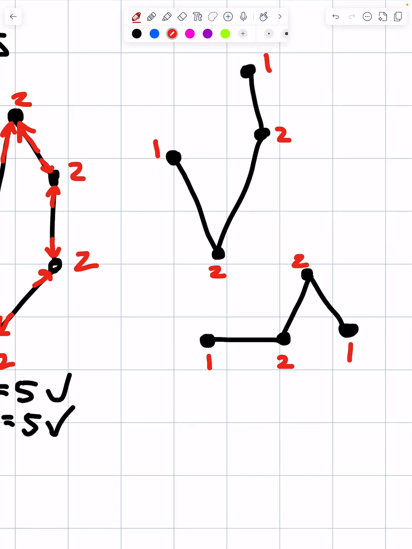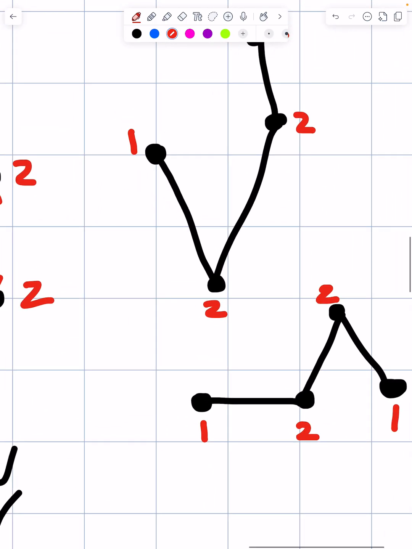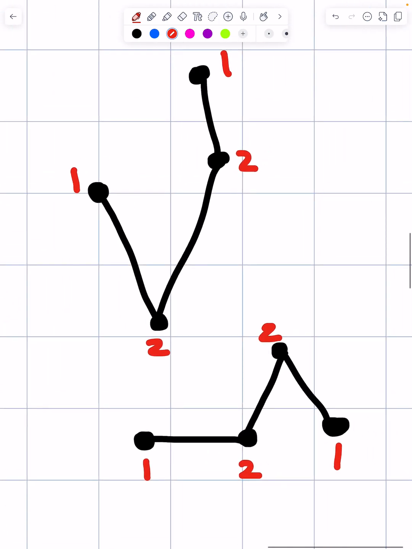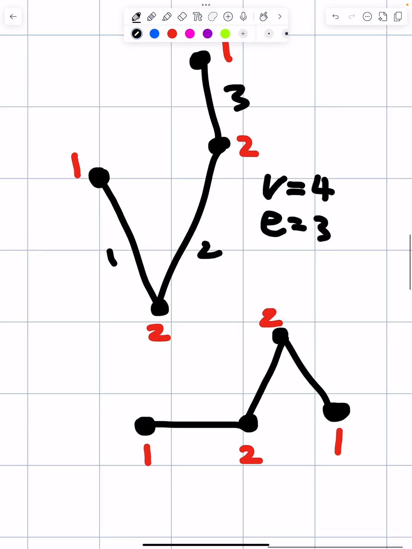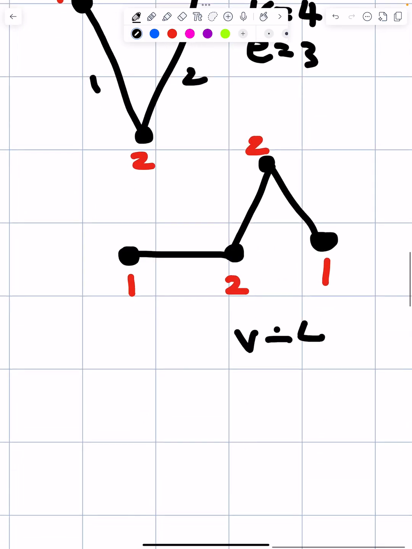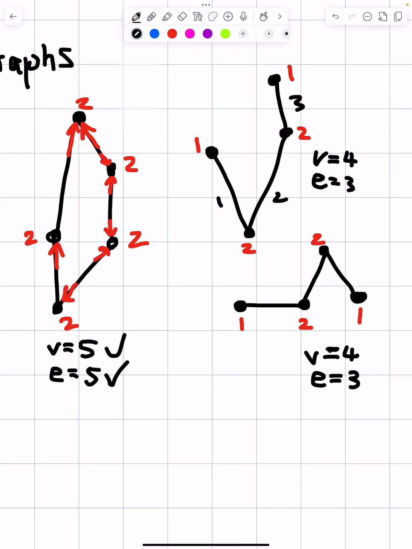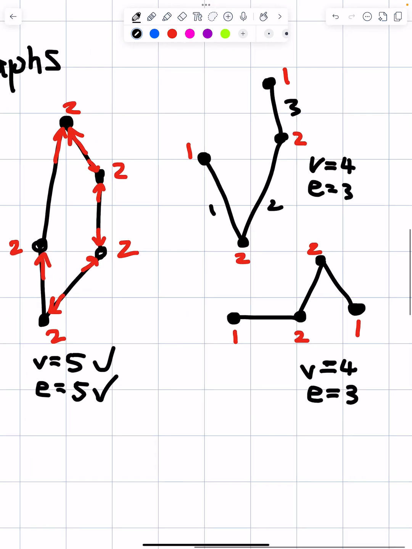So we know that there are 4 vertices and 3 edges here. And here we also have 4 vertices and 3 edges.